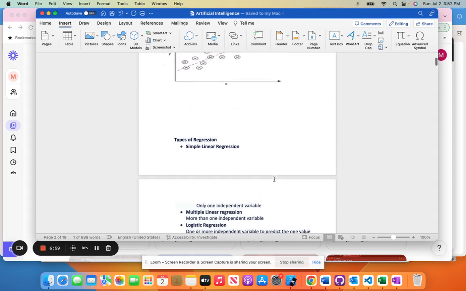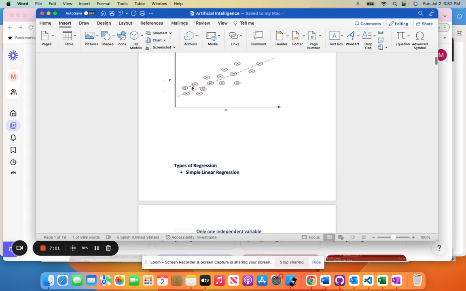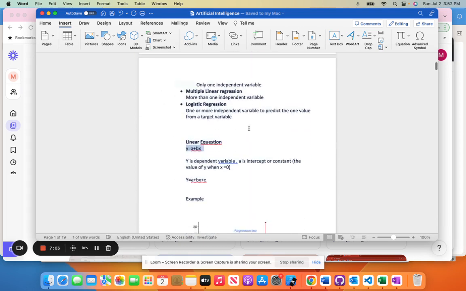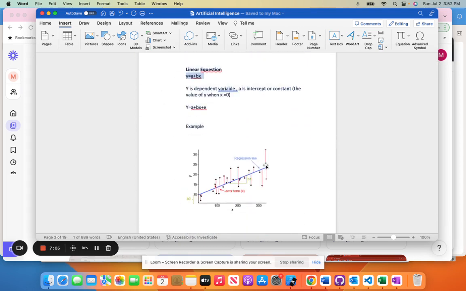And when we draw the line, I have another image here. Suppose we have x going from 0 to 100, 200 and 300. And then on the y side we have 10, 15, 20, 25 and 30.